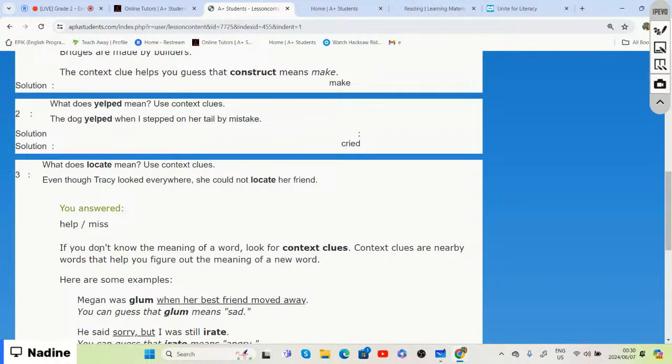All right, and then we go to the next one, before we go to our test. It says, even though Tracy looked everywhere, she could not locate her friend. What does it mean when they say locate her friend?